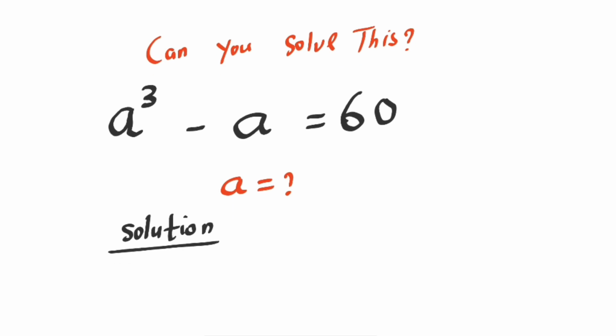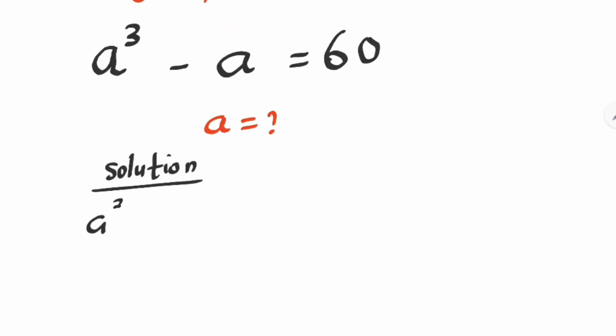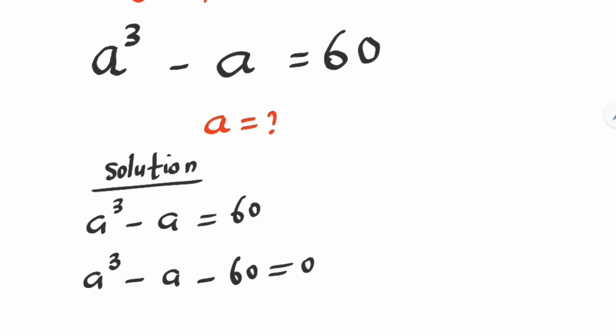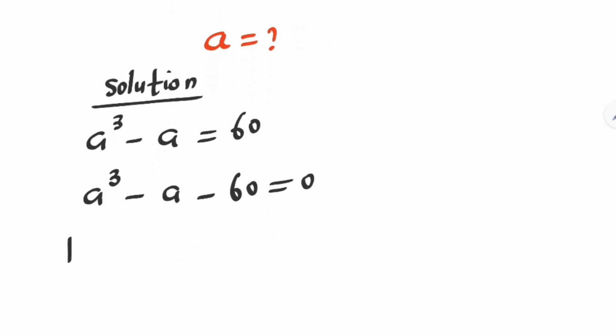We have the given equation a raised to power 3 minus a is equal to 60. Now this can be written as a raised to power 3 minus a minus 60 is equal to 0. Now let's see if a is equal to 1, maybe it's going to equal this 60.